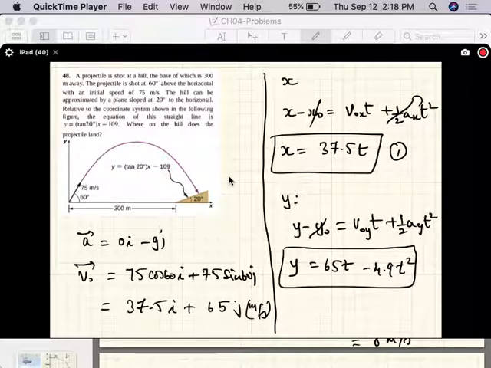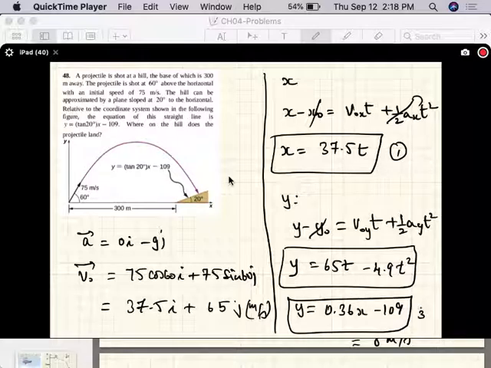So there's the third equation. And also y is tan 20, I will evaluate tan 20, 0.36x minus 109. Okay, so there's the third equation.